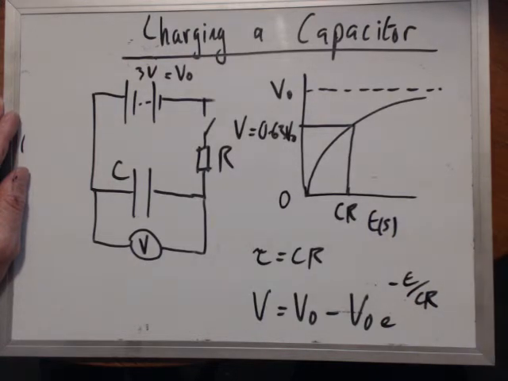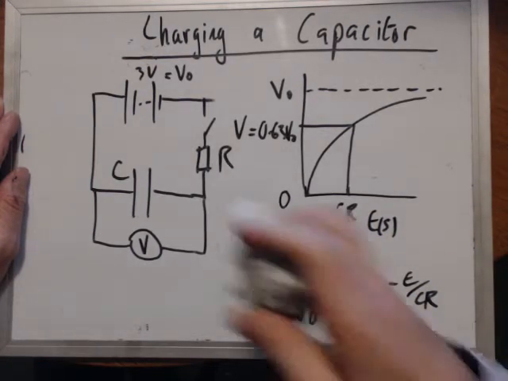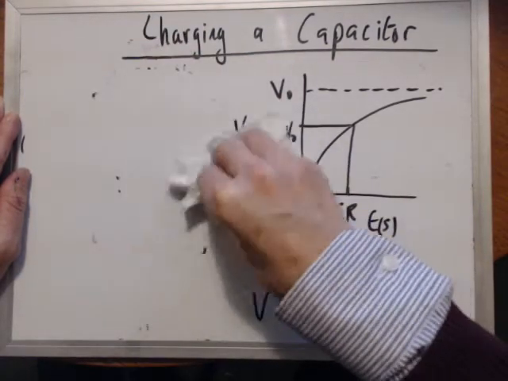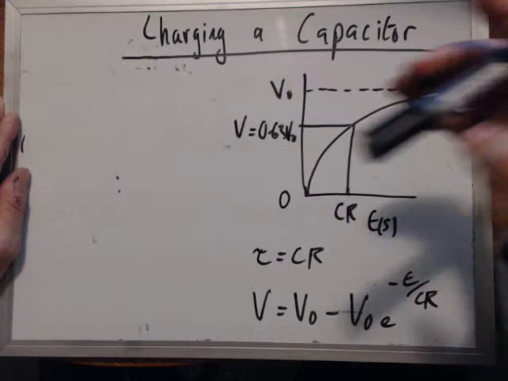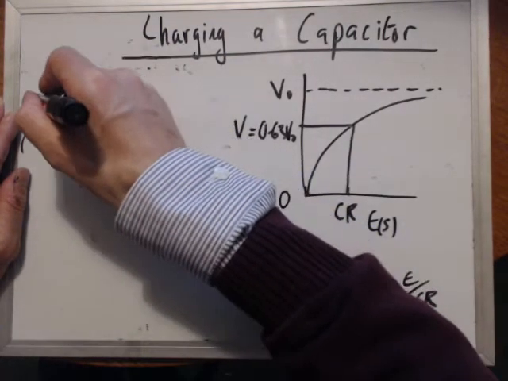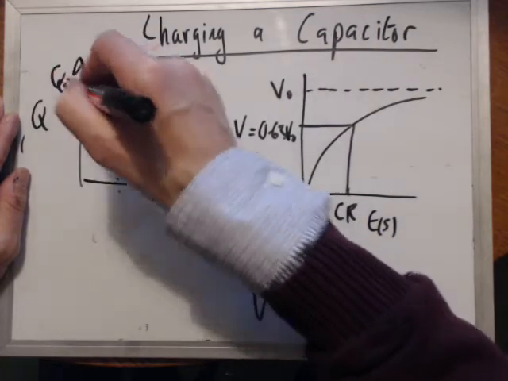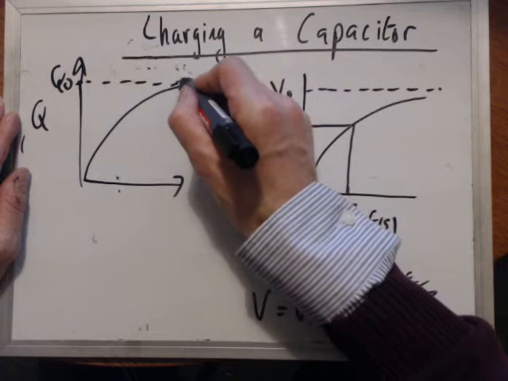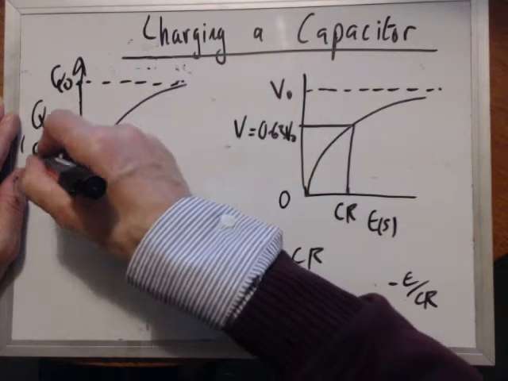Now it's exactly the same format for the charge on the capacitor. So for charge, this is Q naught, charging capacitor, with its capacitance.